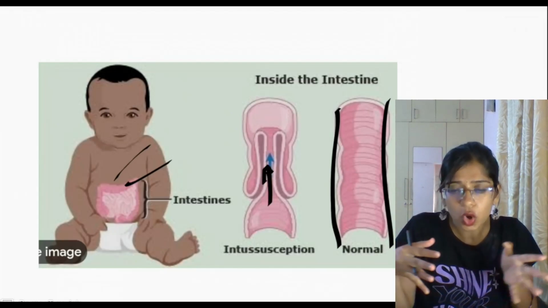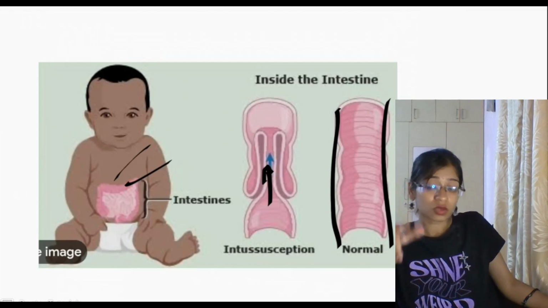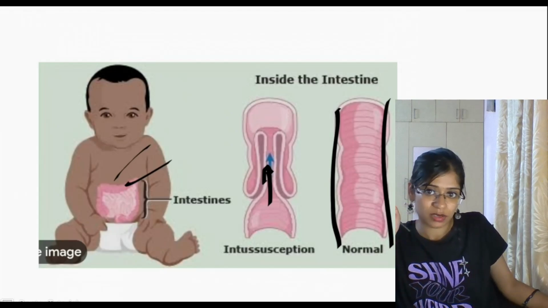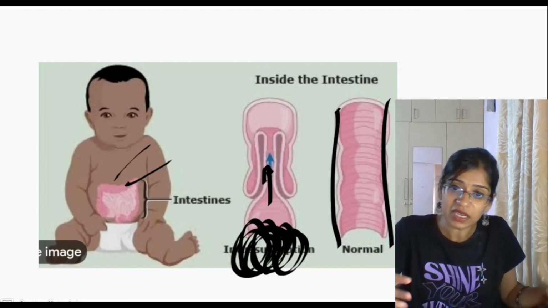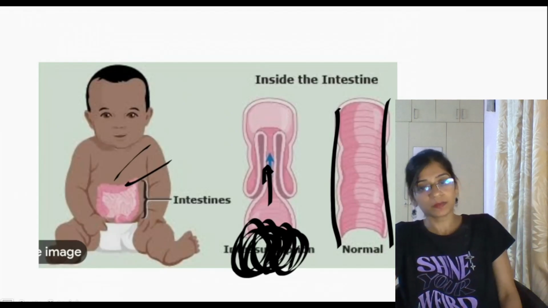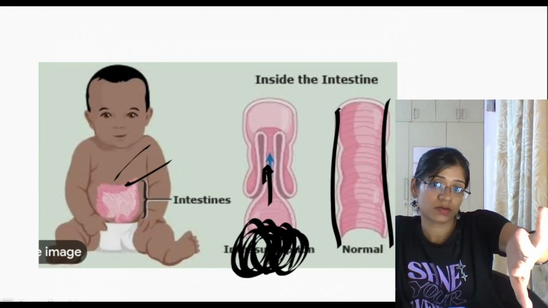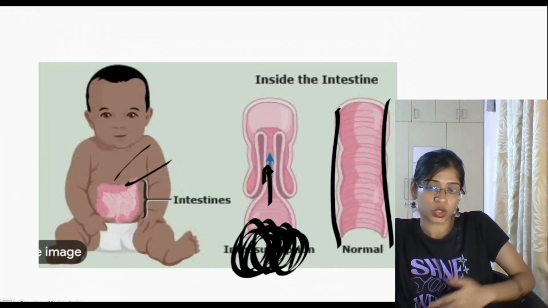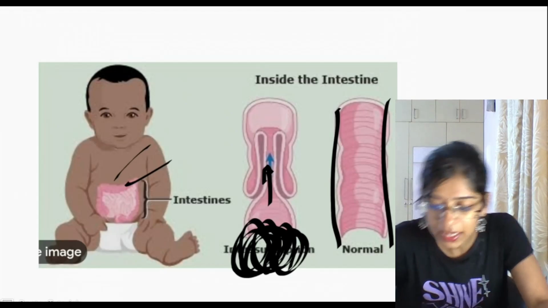Can the food normally pass through such a region? No. So this will lead to obstruction. Food and gas can accumulate, leading to abdominal distension and abdominal obstruction. As the obstruction becomes severe, the patient will vomit.